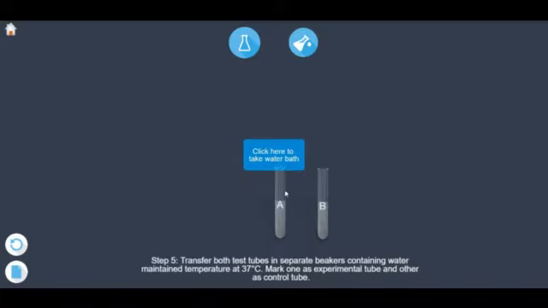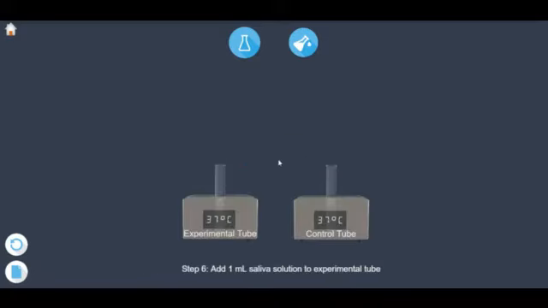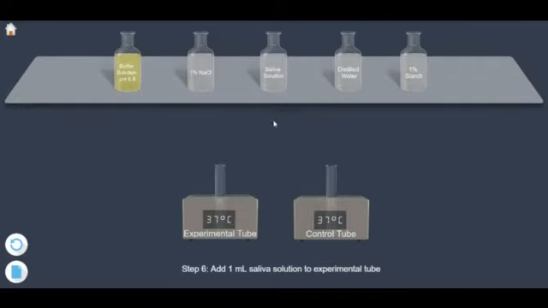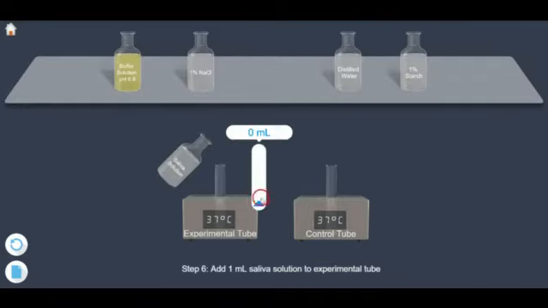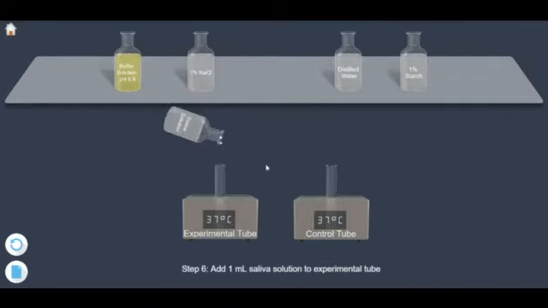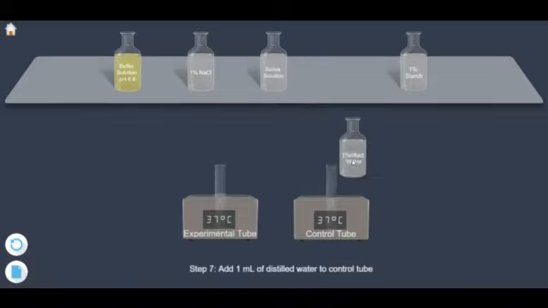Mark one as the experimental tube and the other as the control tube. Step 6. Add 1 ml saliva solution to the experimental tube. Step 7. Add 1 ml of distilled water to the control tube.